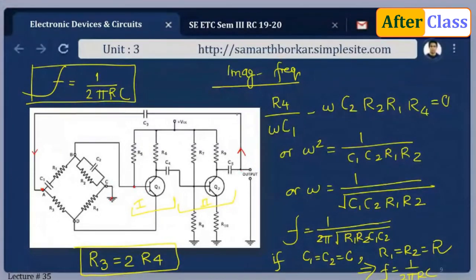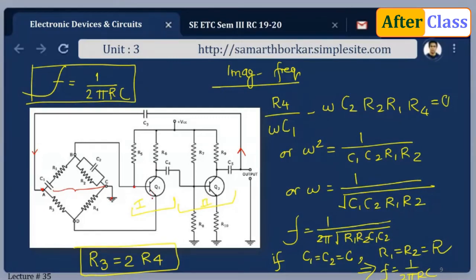I'm taking the output from here. Always check out where is the ground. Here is the ground. So output, whatever I'm applying here, will be available across these two points, out of which the voltage which is getting dropped across this parallel combination will be applied to the transistor Q1.